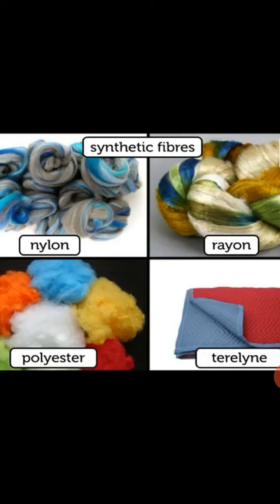A synthetic fiber is also a chain of small units joined together. Each small unit is actually a chemical substance. Many such small units combine to form a large single unit called a polymer.